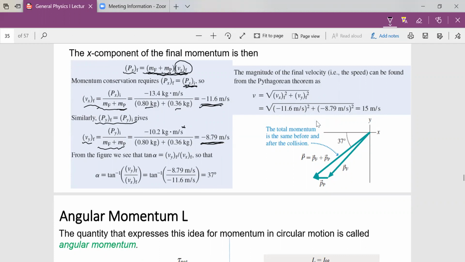And to express the direction, we have to bring in the angle because it was actually the angle that gave us the definite direction in the first case for the initial.